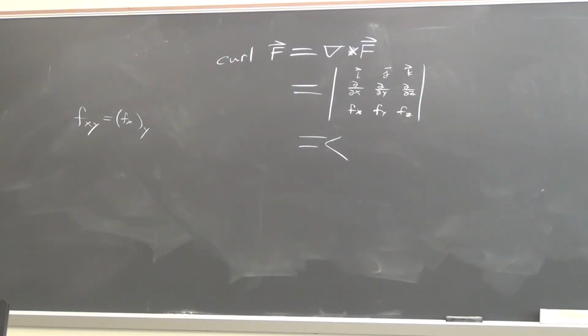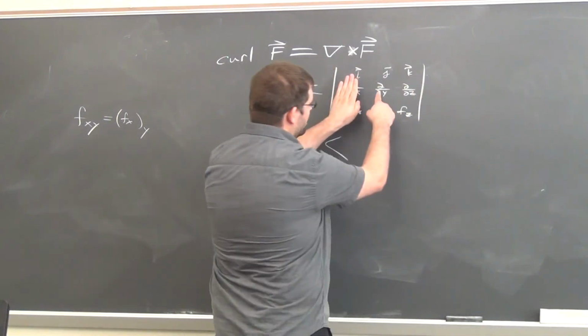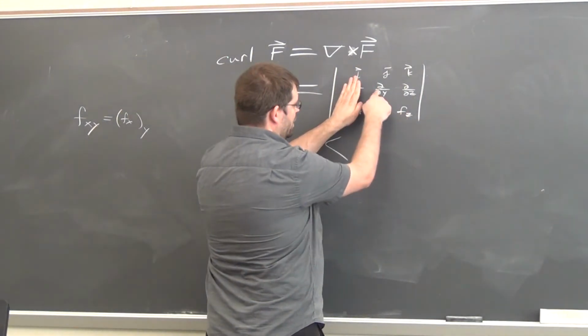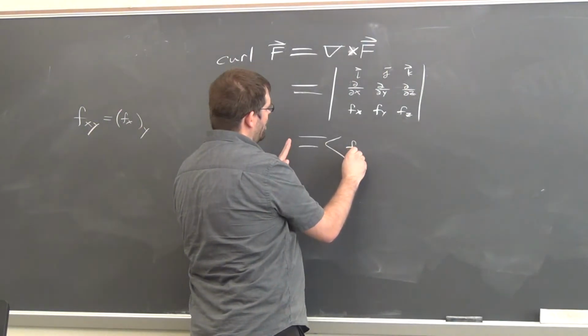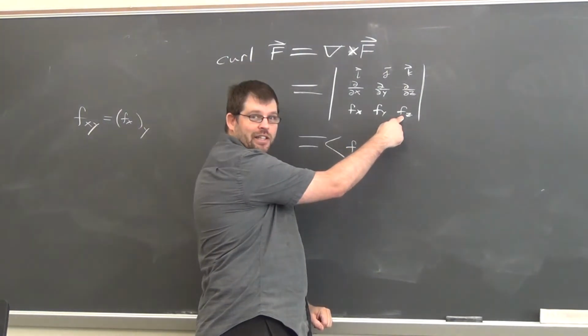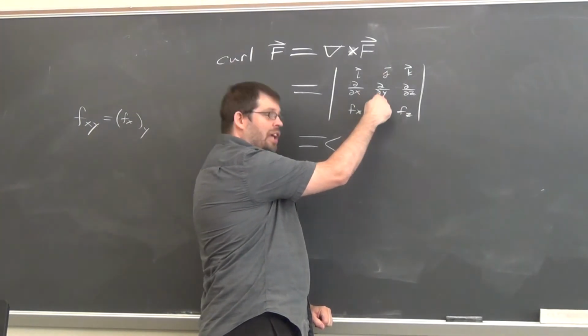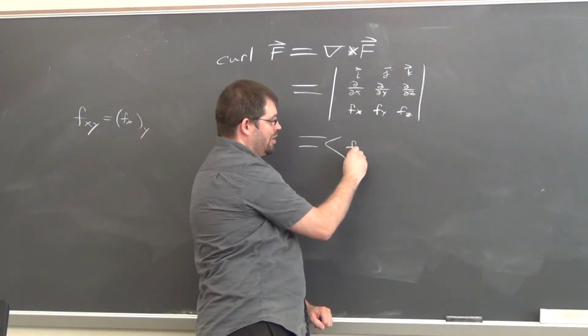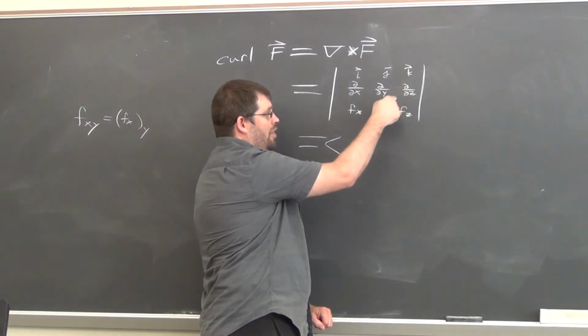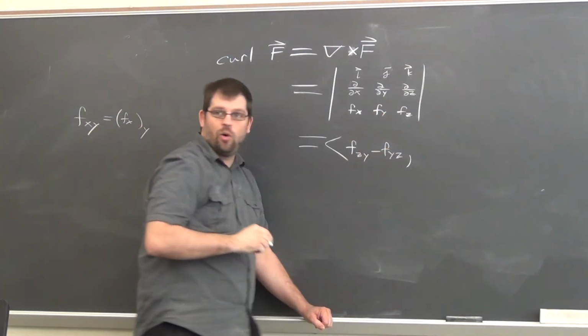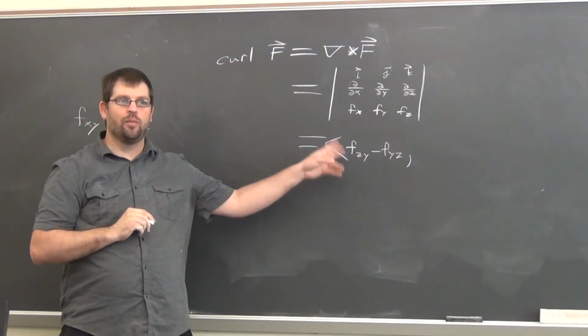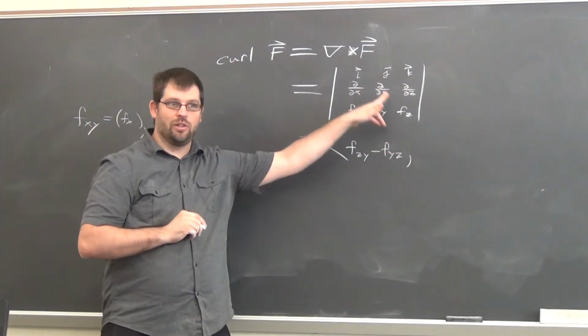Okay, so when you do the first part, what do you get? The derivative this way, so what's that? F sub z y, since it was already z, and then you take it with respect to y, so that's z first, f sub zy. And then this way will be minus f sub yz. Now, we know that it doesn't matter which order you do it in, but I just wanted to make sure that's really that.